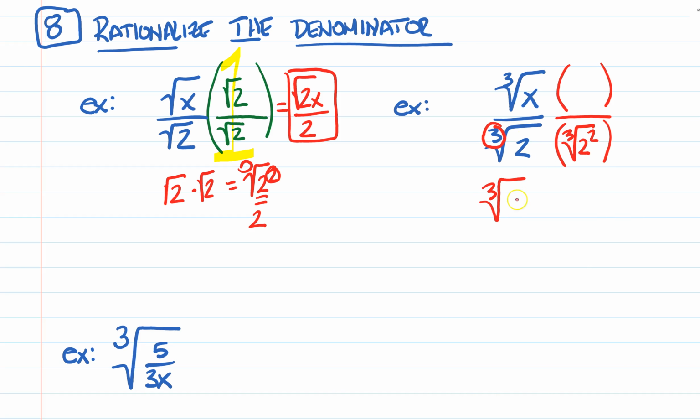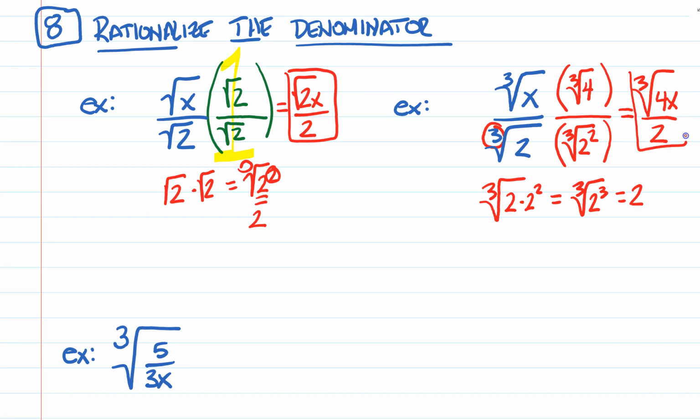The cube root of 2 times 2 squared gives me the cube root of 2 to the third, which just gives me back the 2. So I multiply top and bottom by the cube root of 4. And then when I simplify this, I'm going to get the cube root of 4x all divided by the number 2. Okay, so that's the rationalized denominator version of that one.